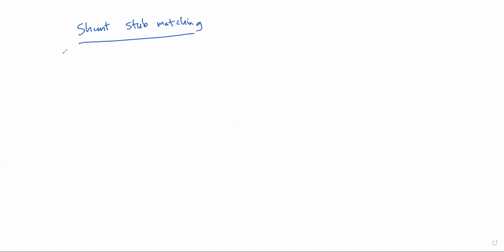Right. So the procedure will be like, let's assume we are trying to connect our transmission line to a certain load, right? So we have a certain load of ZL, capital ZL.